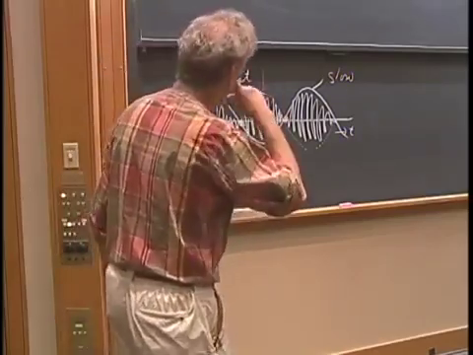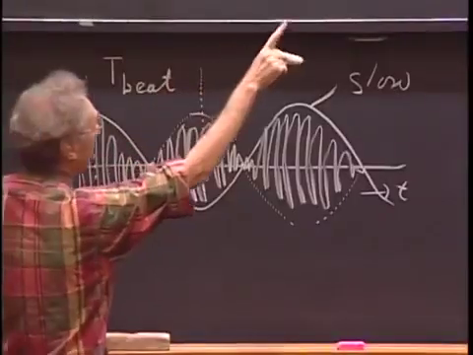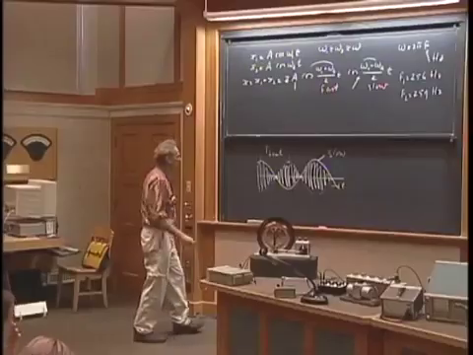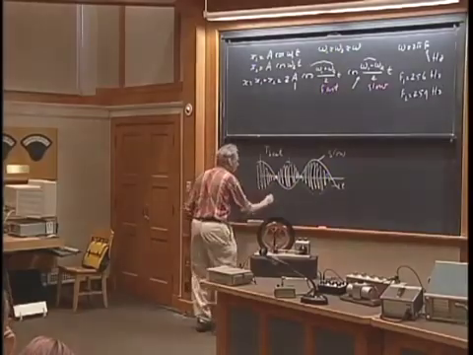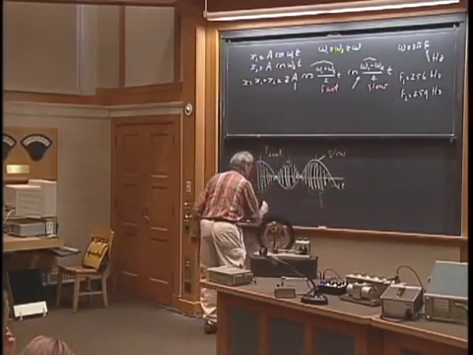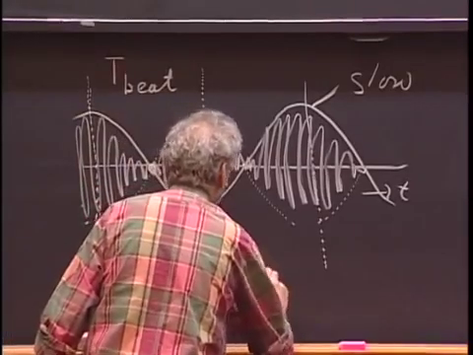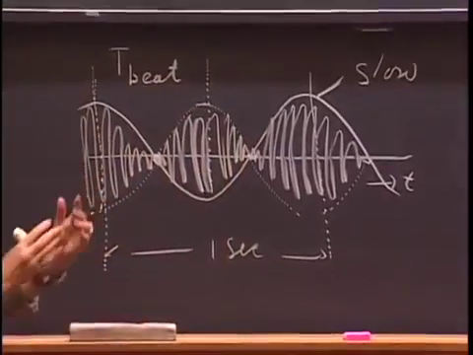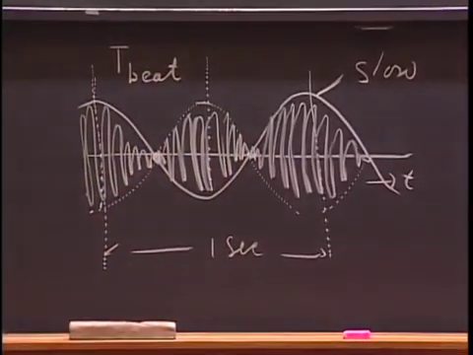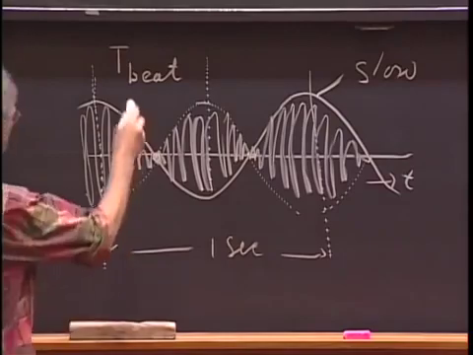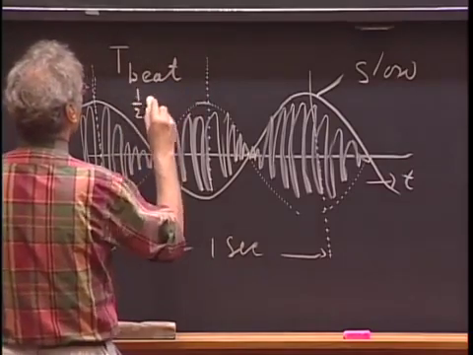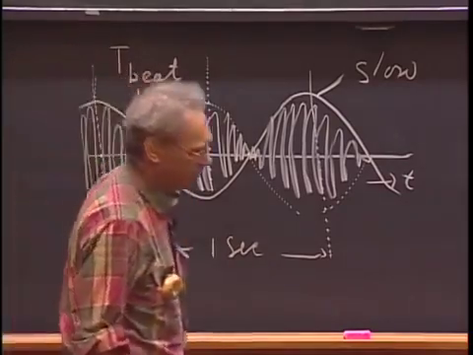For the working example that we have on the blackboard there, the 256 hertz and the 254 hertz, from here to here would be 1 second. That's the time for the slow one to go 360 degrees, and so the beat period would in that case be half a second.